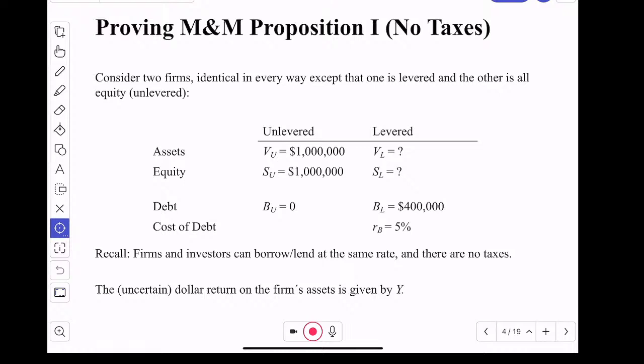And then alternatively, there's a firm that's identical in every way except that it's levered. The amount of debt is $400,000, and the yield to maturity that's paid annually is 5%.